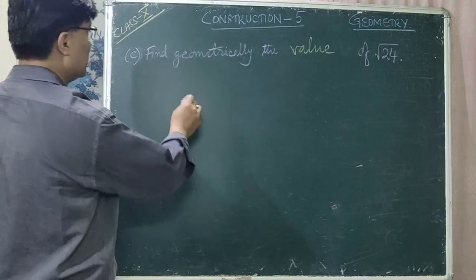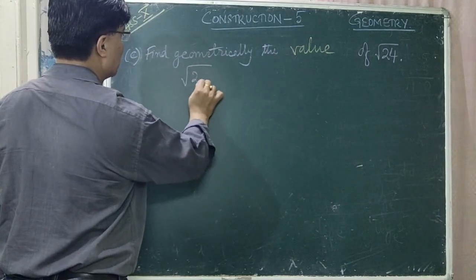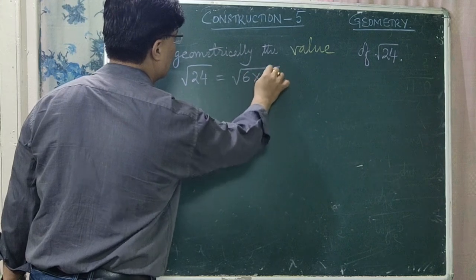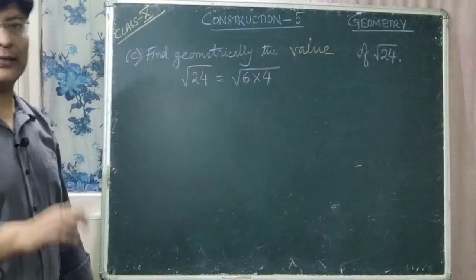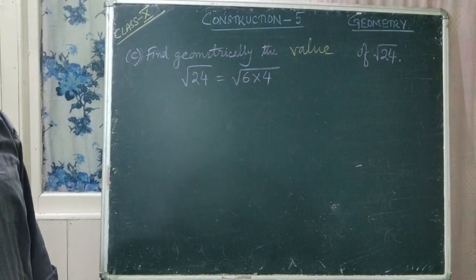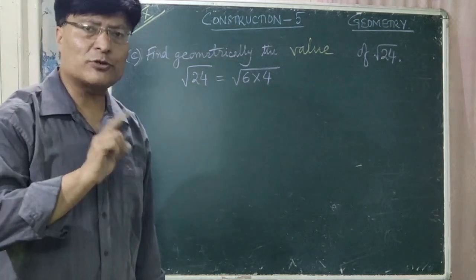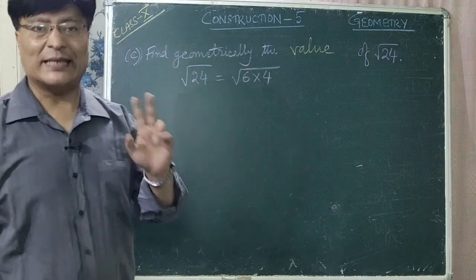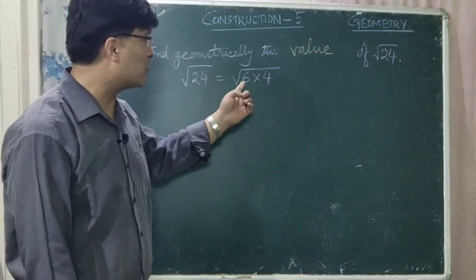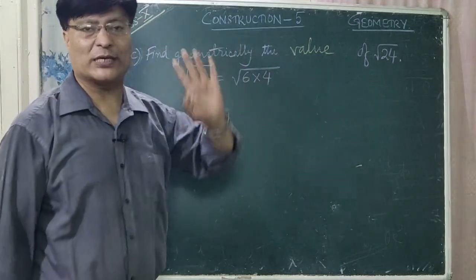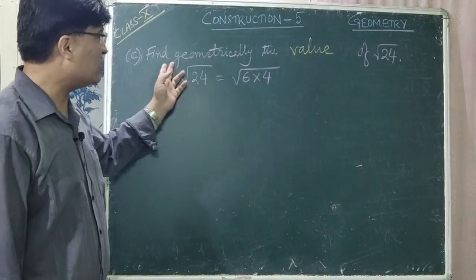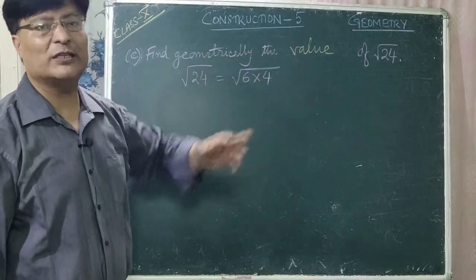Okay, so here this root over 24 can be written as root over 6 multiplied by 4, isn't it? That is 6 4s are 24. Now you have to draw the length of 6 centimeter and 4 centimeter. That means you have to find out the mean proportional between 6 centimeter and 4 centimeter. That will give you the answer. Is that clear?